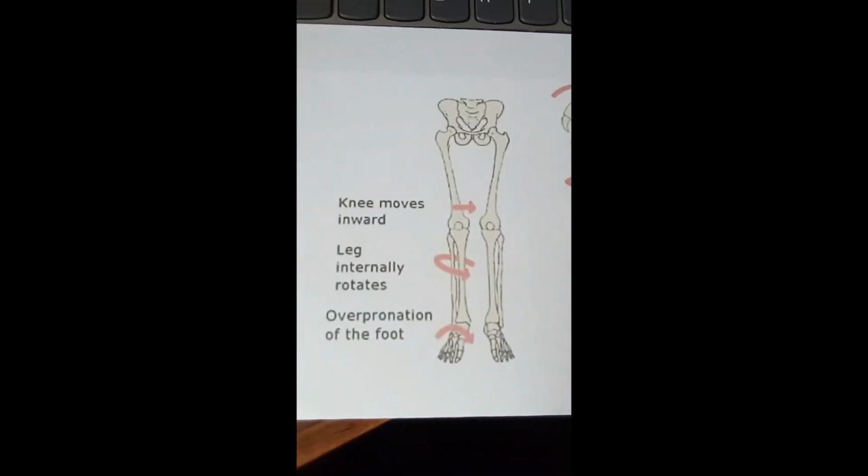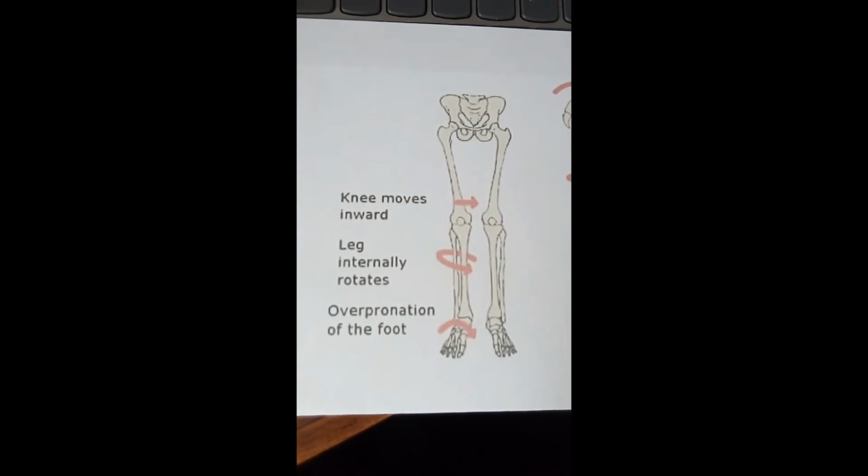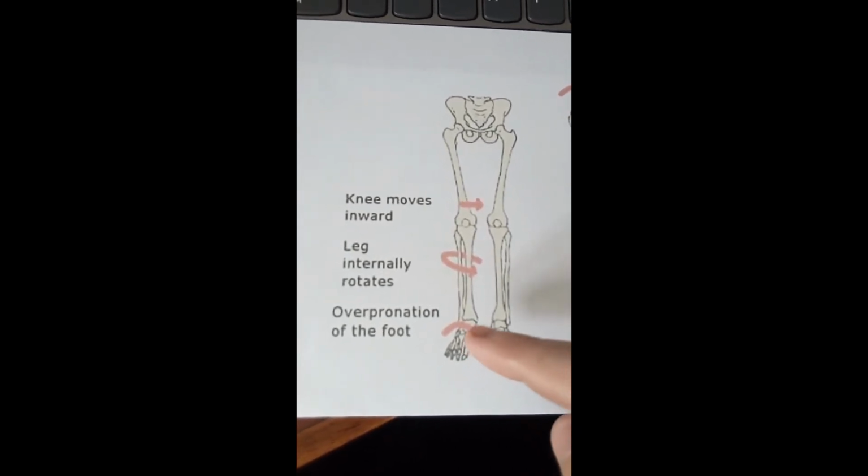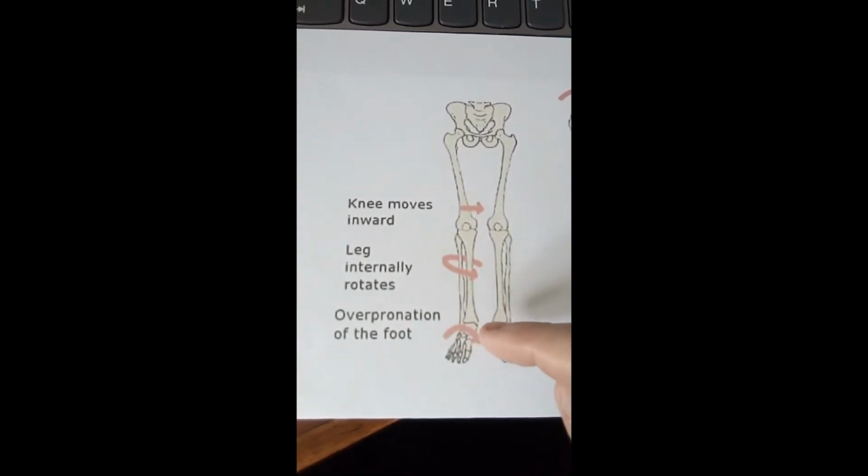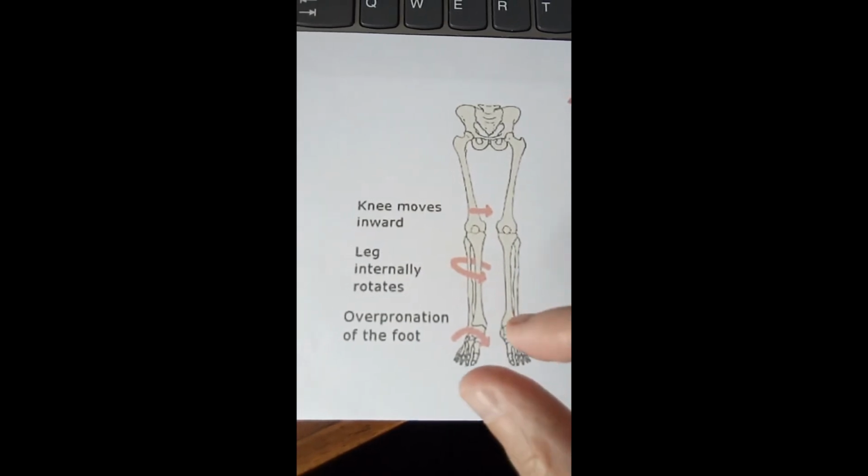I mentioned a little bit earlier these anatomical discrepancies, so things like flat feet or leg length discrepancy, which can contribute to pelvic tilt. Basically, in anyone who has flat feet, we know there's a tendency for overpronation of the foot, so they turn inwards.